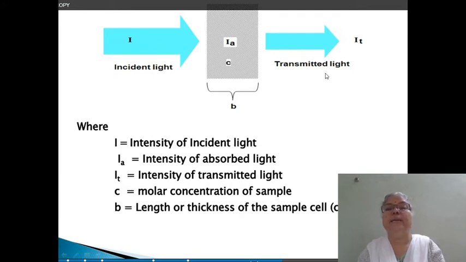This is the transmitted light with intensity IT, and the absorbed light with intensity IA. In this diagram, I is the intensity of incident light, IA is the intensity of absorbed light, and IT is the intensity of transmitted light. Simply remember these things, and here B is the length or thickness of the sample.